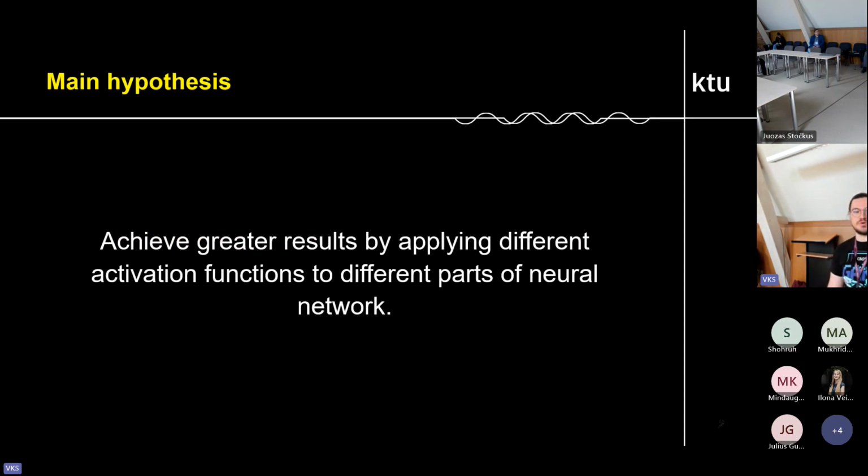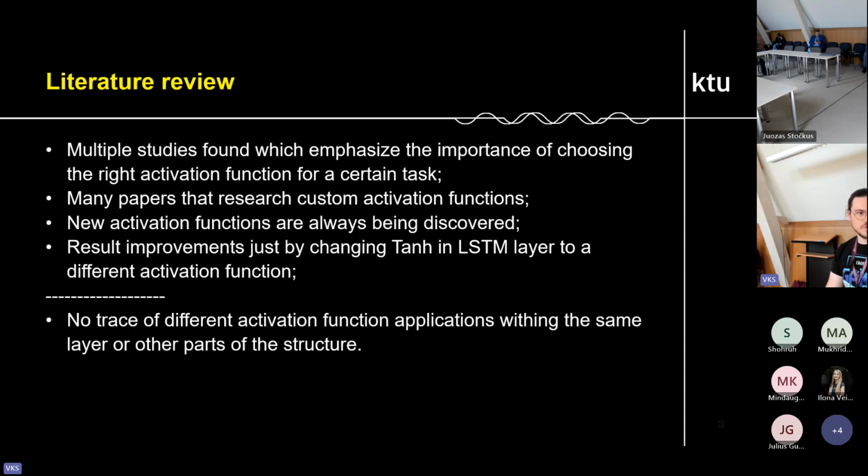So the main hypothesis was to, instead of applying one activation function to a network or to a layer of network, assign one to each neuron or a different part of the network in achieving a greater result.